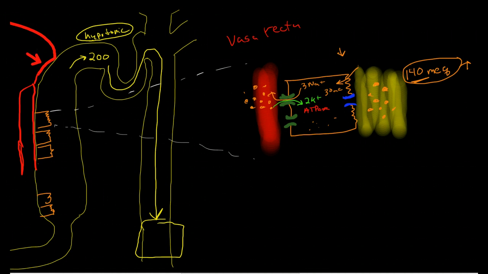This is using the energy of the concentration gradient of sodium to pull in some potassium. So it pulls in 1 sodium, 1 potassium, and 2 chloride.